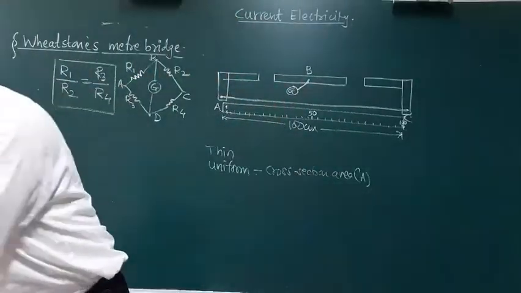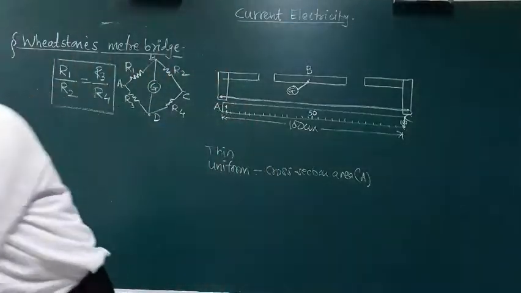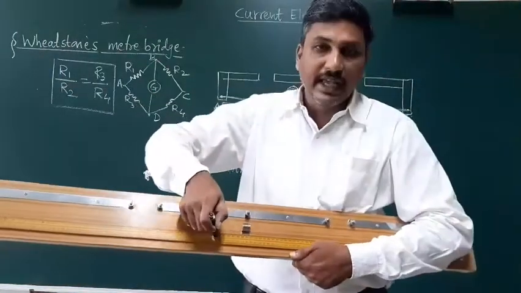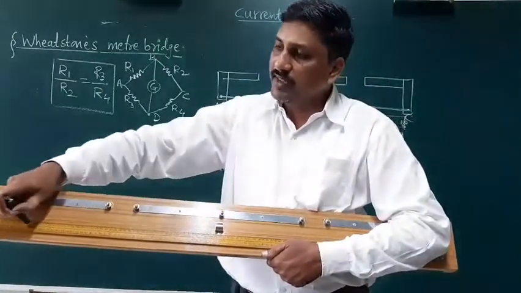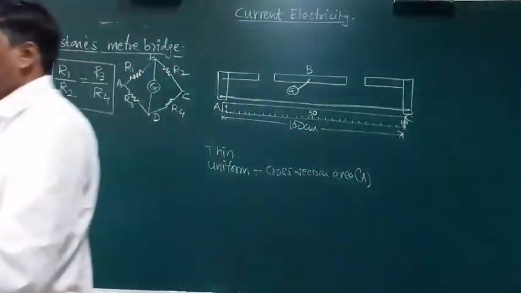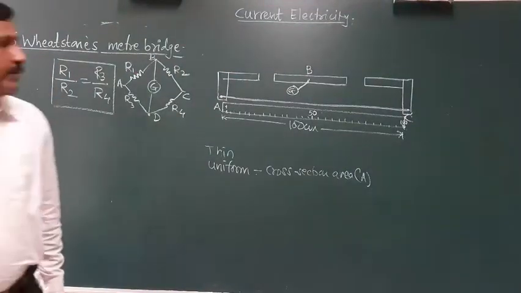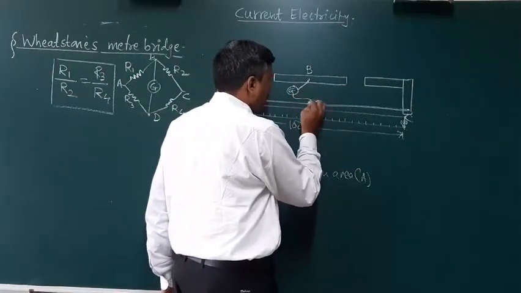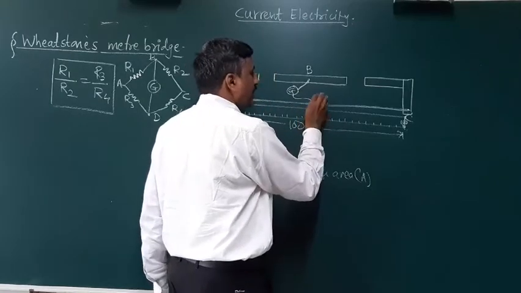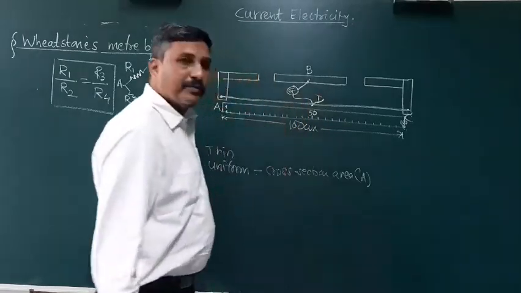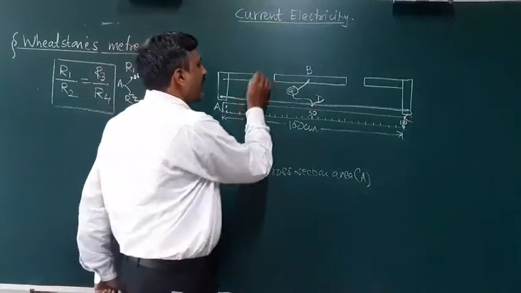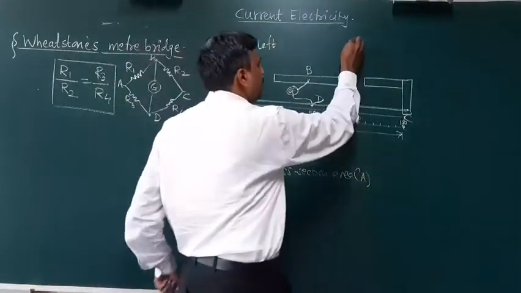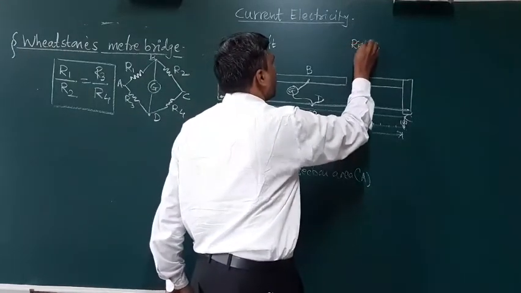This is my sliding key, which slides on this wire, so it is called the sliding key. Suppose it reaches up to the point D. This gap is the left gap, and this is the right side gap.